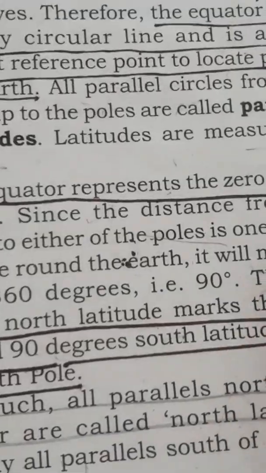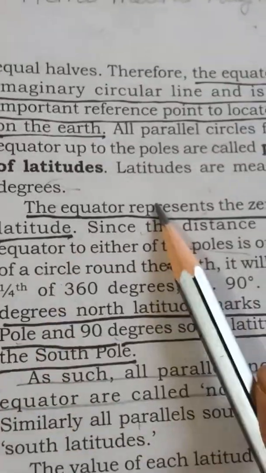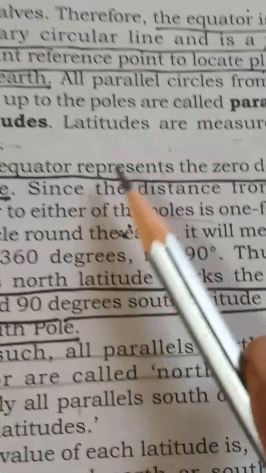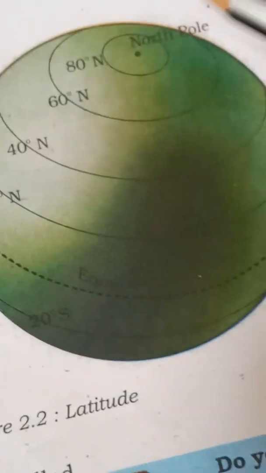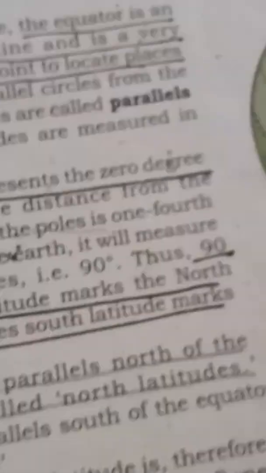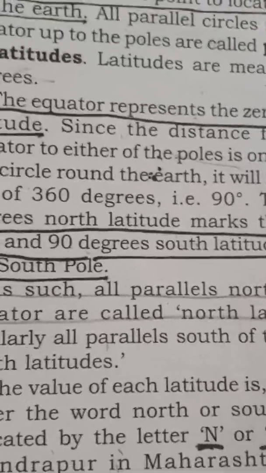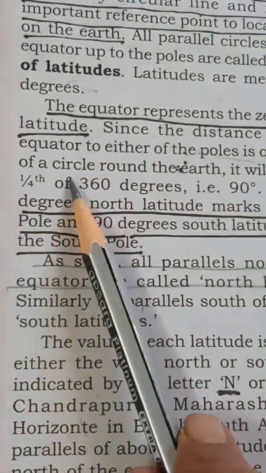Now all the parallel circles from the equator up to the poles are called parallels of latitude, like this. From equator to North Pole there are 90 latitudes, and again from equator to South Pole there are 90 latitudes. They are all marked with degrees. Equator represents the 0 degree latitude.